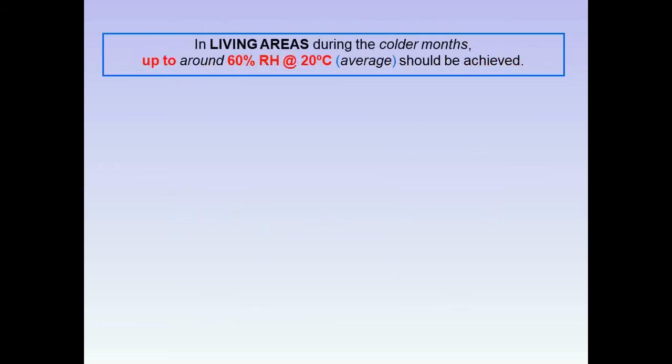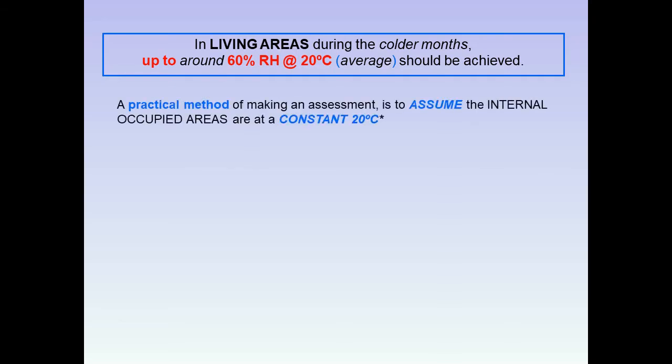Further examination showed that we could use living areas for our examinations. In living areas during the colder months, up to around 60% relative humidity at 20 degrees, and this should be an average, should be achievable. A practical method of making assessments is to make an assumption, and that is to assume the internal occupied levels are a constant 20 degrees.